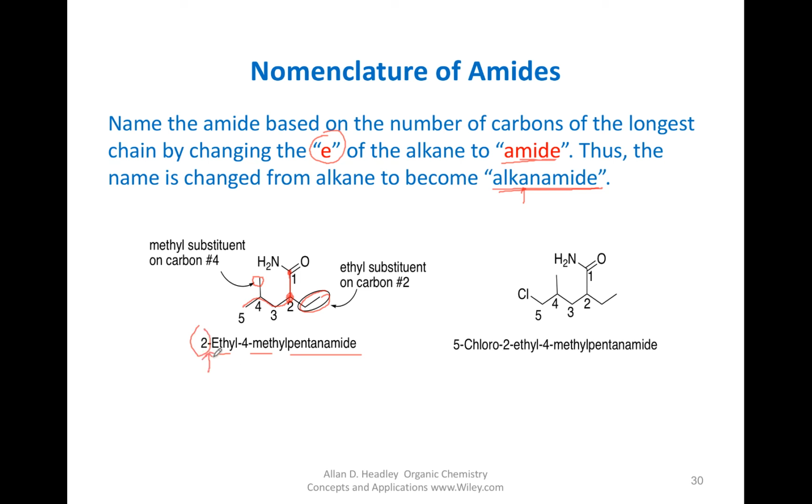E comes before M. 4-methyl pentanamide. Do the same here. So write this on a sheet of paper and see if you can come up with this as the structure. Okay? Using that systematic way of naming these molecules, in this case the amides.